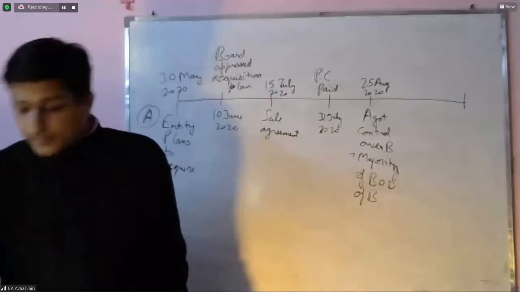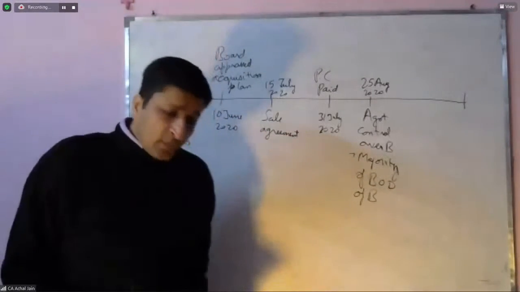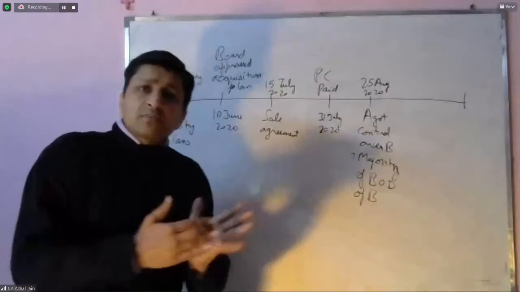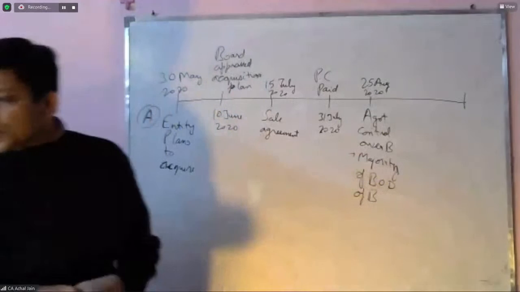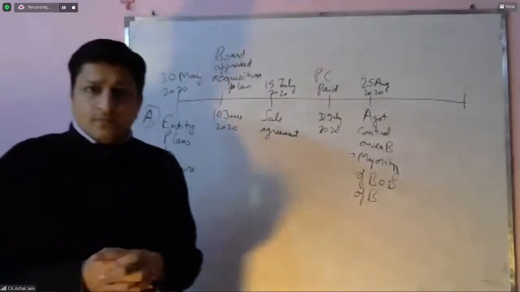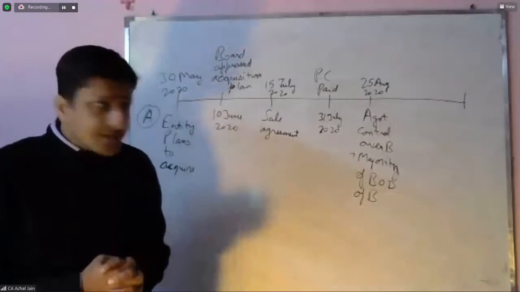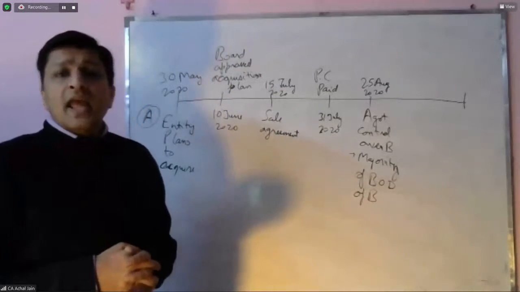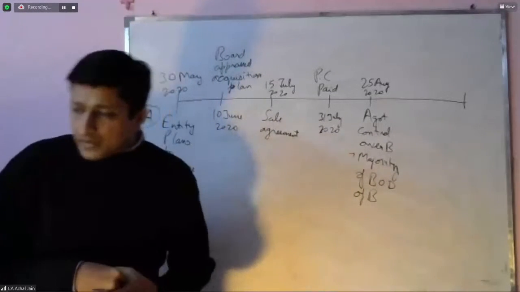Now you can see there are so many dates which are all towards this process of acquisition. Now, considering this, can you tell me which out of these dates you will consider as the date on which business combination accounting will be done?